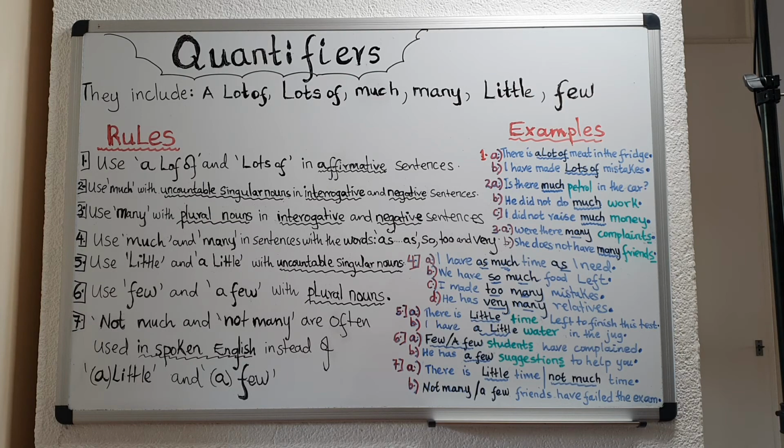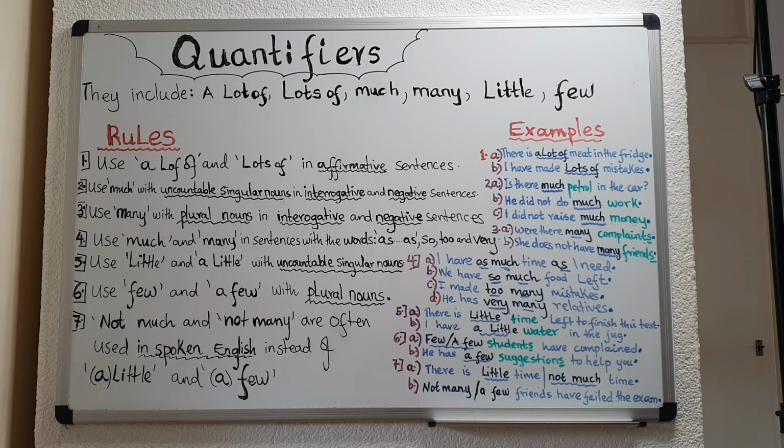Now let us move on to rule number 5. Use little and a little with uncountable singular nouns. So when you want to use little or a little, make sure that the noun is singular and that it is also uncountable. Look at examples 5. There is little time left to finish this test.